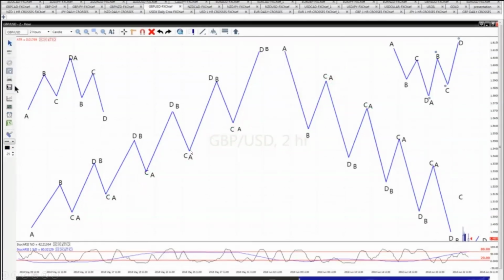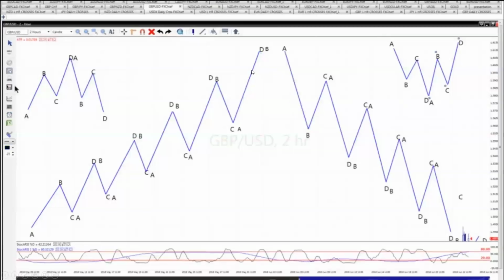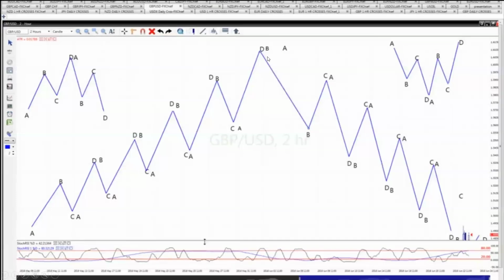When you join these two, this A, B, C, D to the upside, and then A, B, C, D to the downside, when you close these two together, if you move them to touch each other, that's where you have this, okay? Remember, at this point, they are not touching, right? At this point, they are not touching.